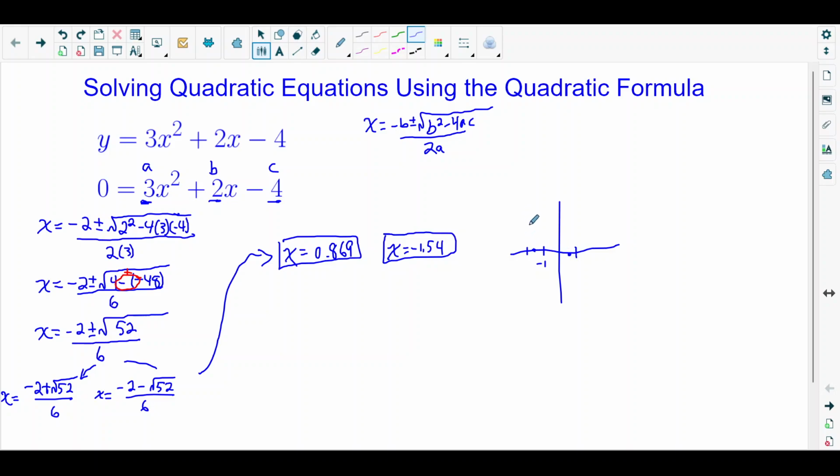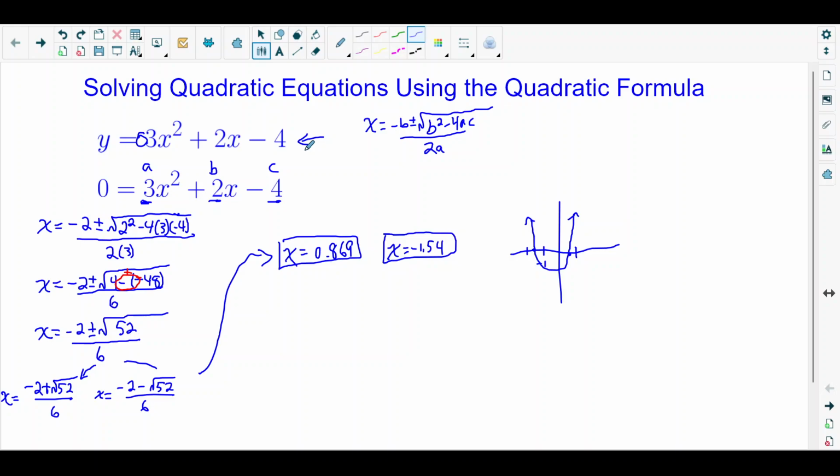The parabola opens up because the leading coefficient is positive, so the graph looks something like this. Now this question didn't ask it, but if we wanted to find the vertex, we know that the x-coordinate of the vertex is halfway in between these x-intercepts. We can add them, divide by 2, find the x-coordinate, and then substitute that x-coordinate right back into the original equation to find the y-coordinate.